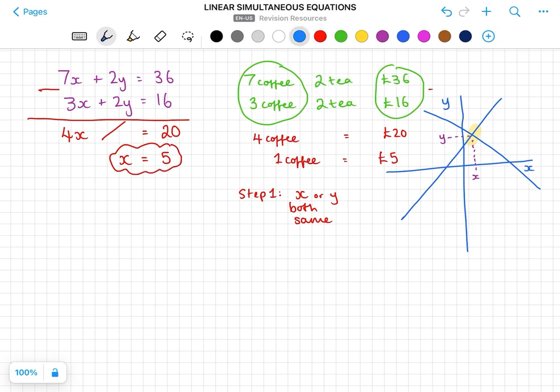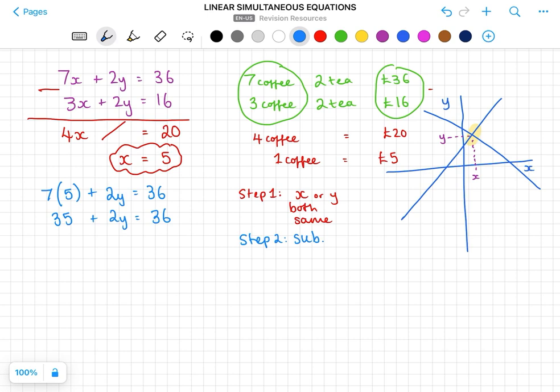To find your y coordinate, you now go for step 2. And that is substituting. So you substitute in our value for x in either one of the equations. So that's 7 multiplied by 5 plus 2y equals 36. 7 multiplied by 5 is 35, plus 2y equals 36.